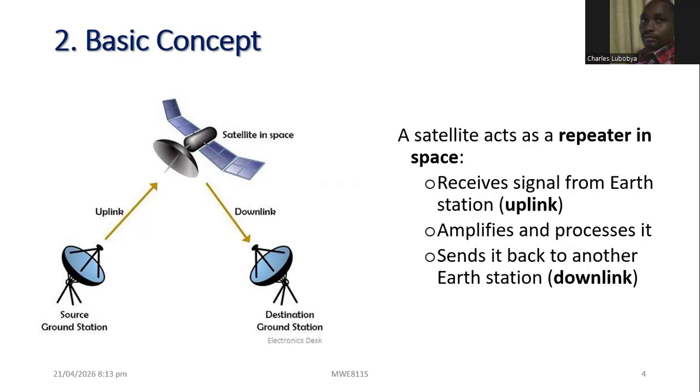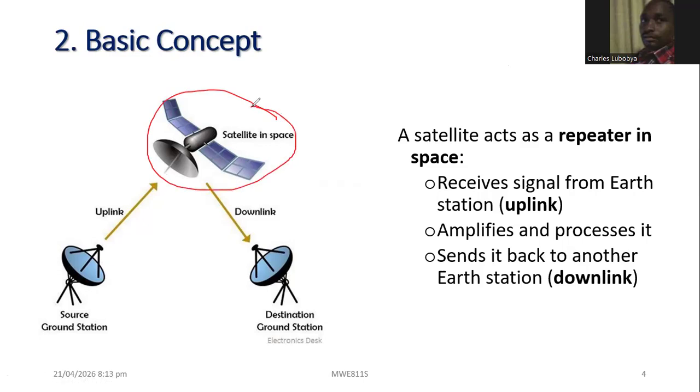They are essentially the transceiver stations that you can use to transmit a signal from source to destination, and you can also use them for receiving signals, as the case may be. But the actual satellite is essentially what is launched in space. And if you look at this diagram here, the actual satellite is this equipment there.